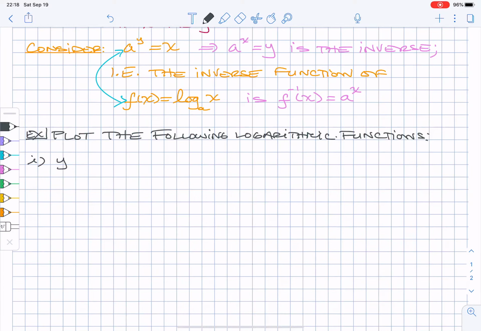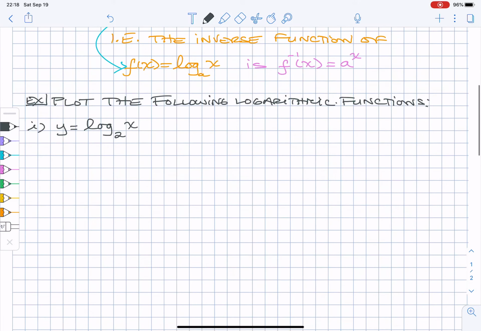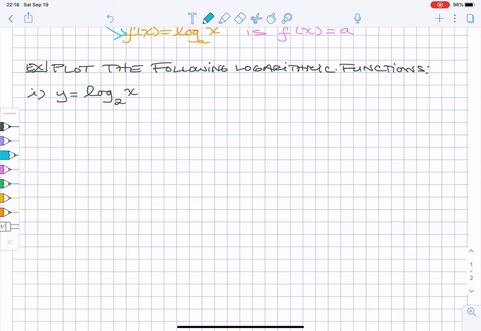Let's say we have that y is equal to log base 2 of x. What's an equivalent way of saying this? This is equivalent to saying 2 to the y is equal to x.